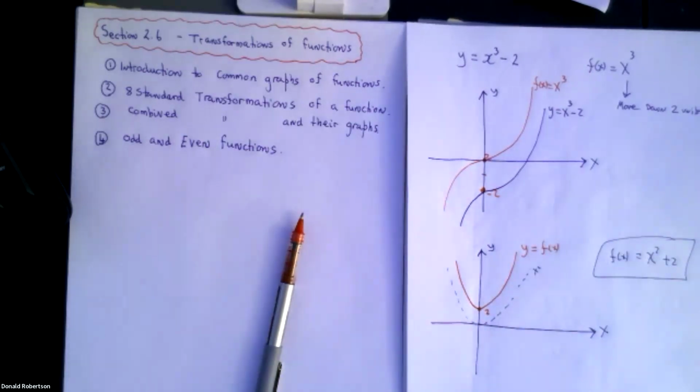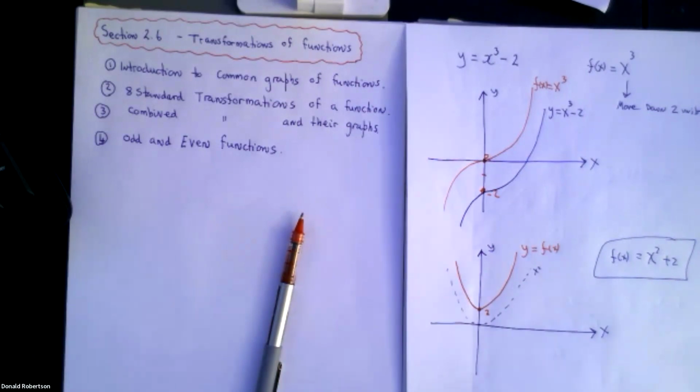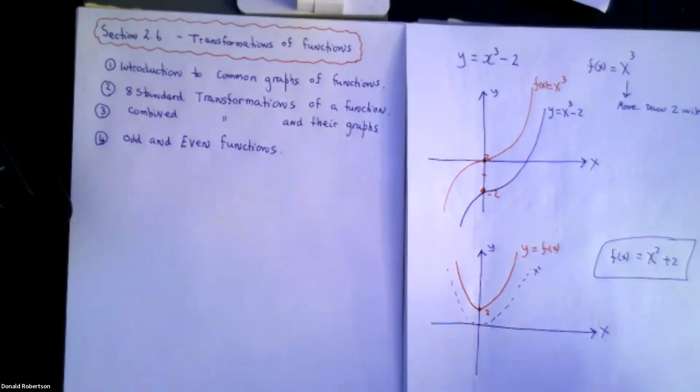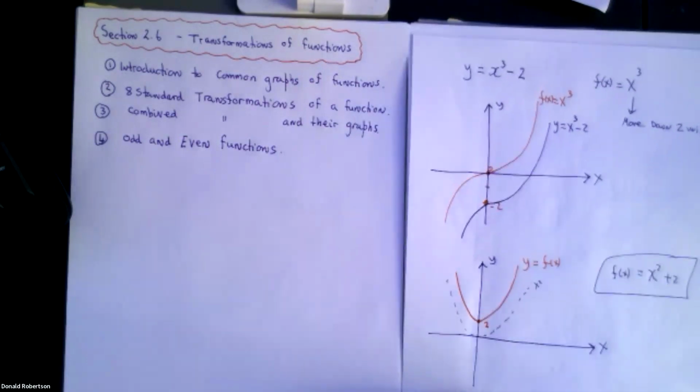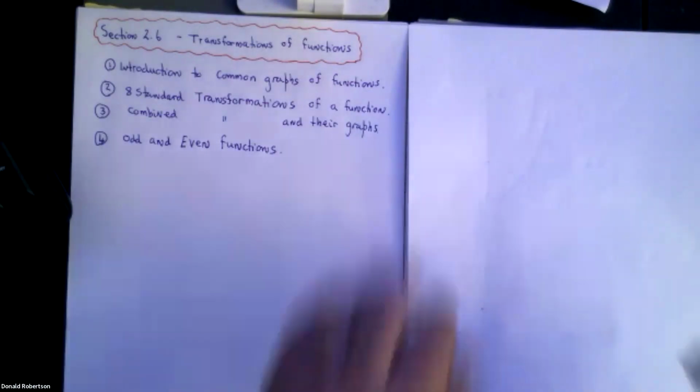So if you can identify what the basic building block shape looks like and its transformation, at least if it's a single transformation like this, you can actually write down what the equation of this curve is by using those properties. It's kind of useful. Moving on. Now, we've done move up, move down.